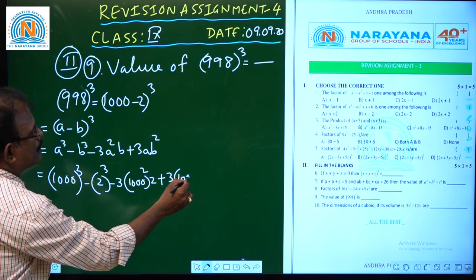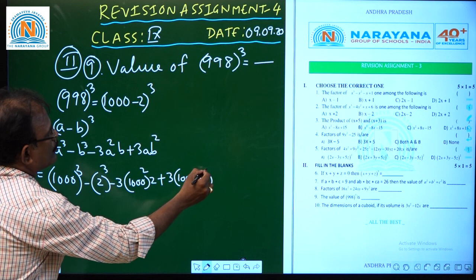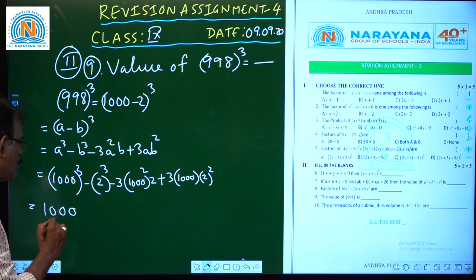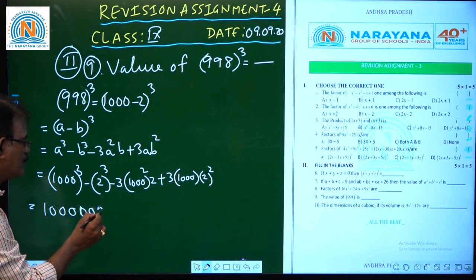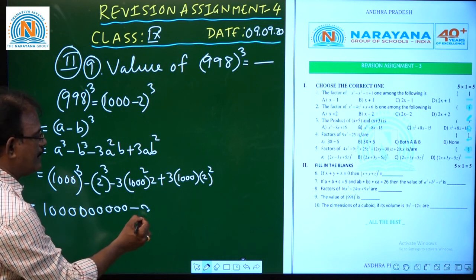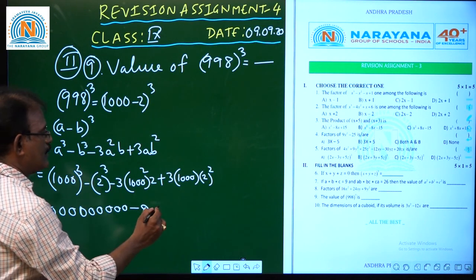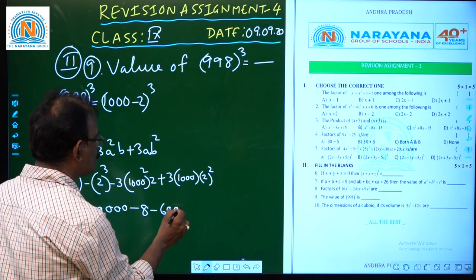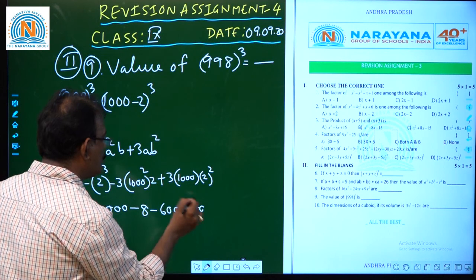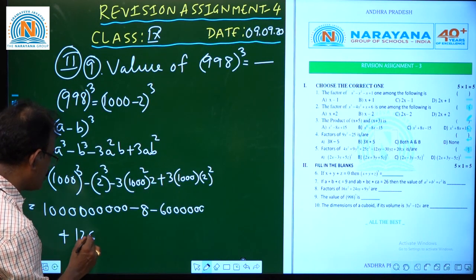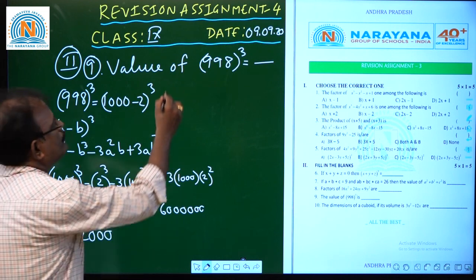a is 1000, b is 2. So 1000 three times, 9 zeros, 1 2 3, 9 zeros. Then 2 cube means 8. Minus 3 2s are 6, 6 into 1000 squared means 6 zeros, plus 3 4s are 12 into 1000, 12,000.